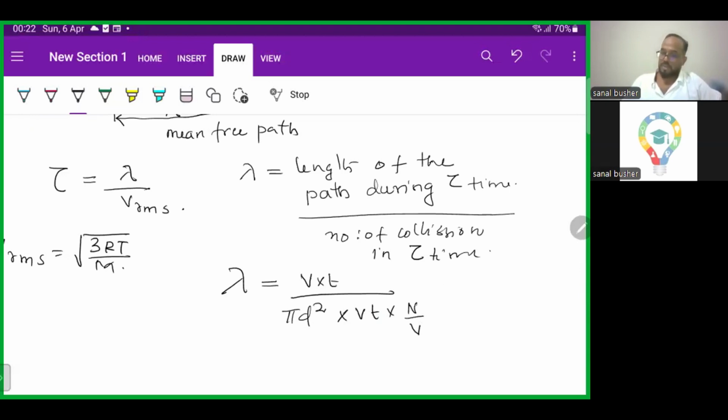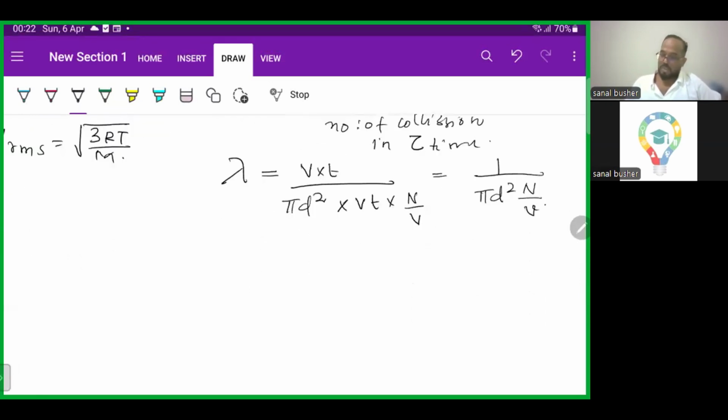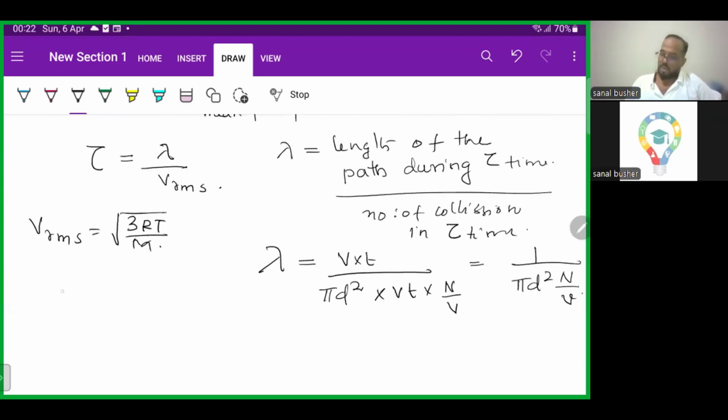When you calculate, Vt and Vt get cancelled, and it is 1 by pi d square N upon V, where N upon V is the number of molecules per volume and d is the diameter of the molecules. So when you combine this equation, tau is lambda, 1 by pi d square N upon V, into Vrms value, root of 3RT upon M.